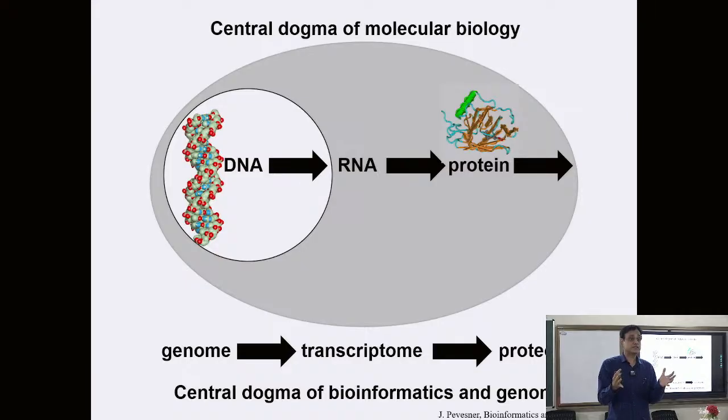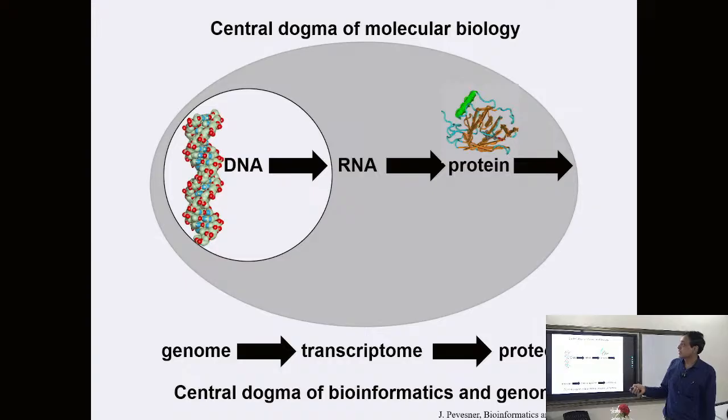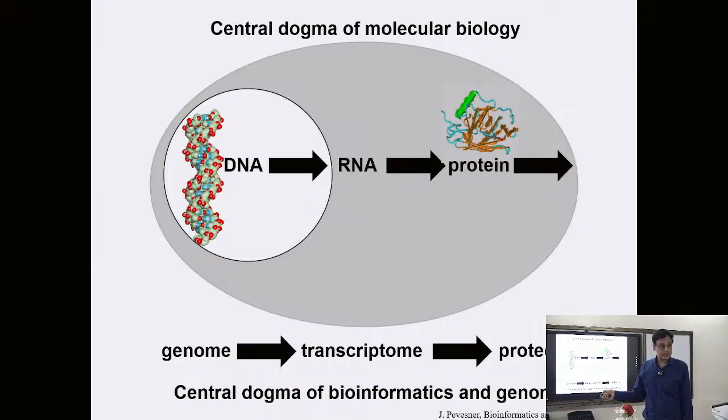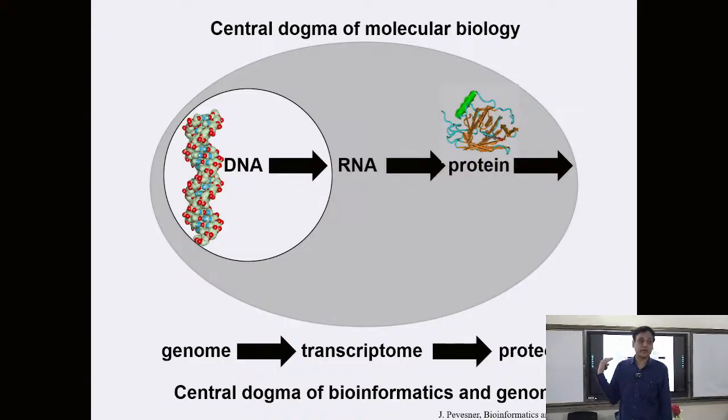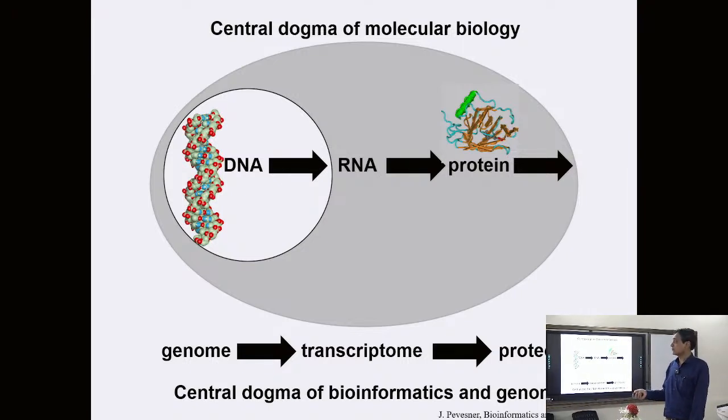All transcripts within a cell are together called transcriptome. All proteins within the cell, proteome. Okay? And this is the central dogma of omics or bioinformatics and functional genomics. So the direction of information is from genome to transcriptome to proteome.